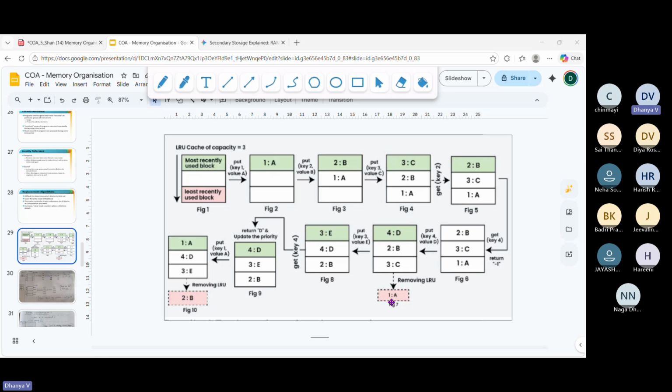This is based on temporal locality: you will tend to access something that you accessed now. So you keep it at the top, and if you need to remove something, you remove the least recently used block. That is how the concept of LRU works.